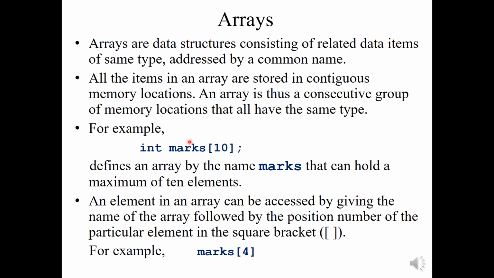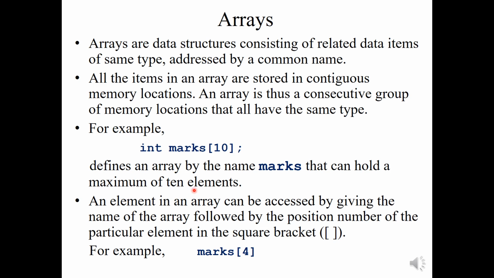So similarly, there is an element number in the arrays with which you will call that particular element. So int marks 10 defines an array by the name marks which can hold a maximum of 10 elements. It can hold a maximum of 10, but it can be less than 10 also. So the maximum number I have defined here means that I am reserving a memory location in my computer for at most 10 marks.